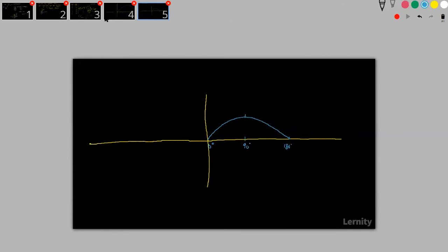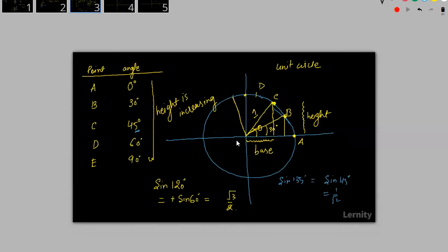Now, when the angle is more than 180, in this quadrant and this quadrant, what is happening to sine? Sine is negative. So here sine is negative and here also sine is negative, right? When we are moving in this quadrant and taking any other point, the height will move accordingly.